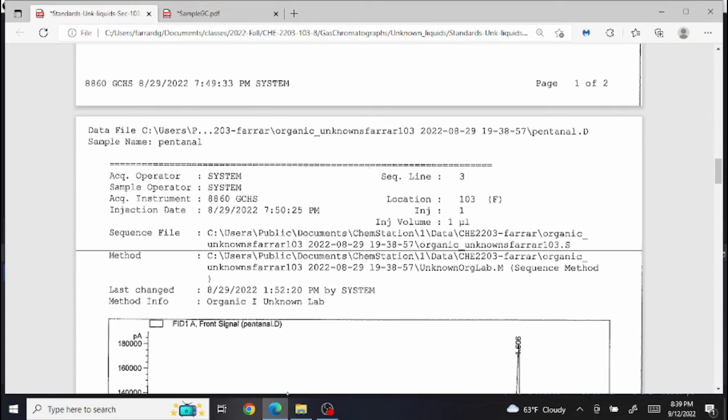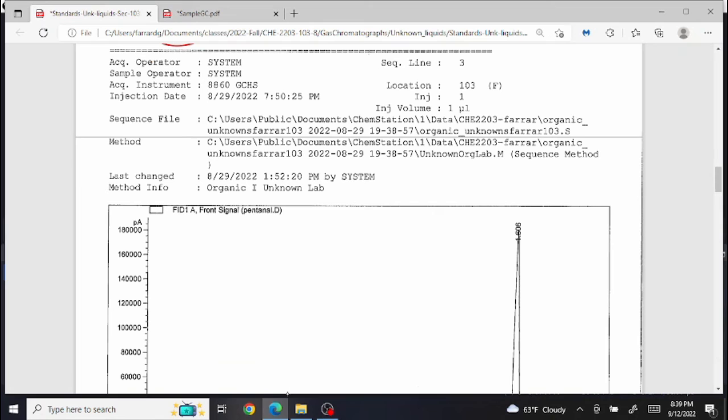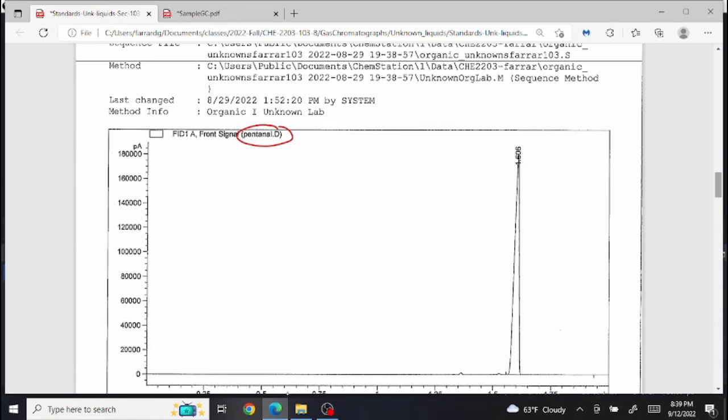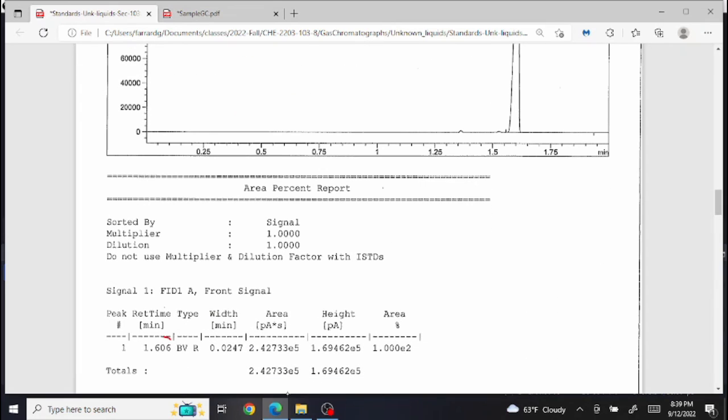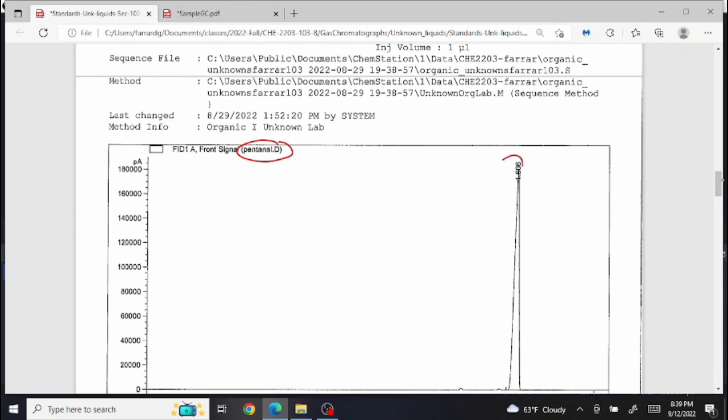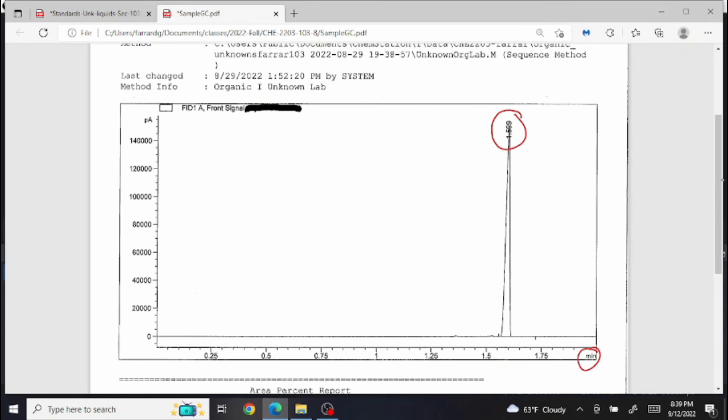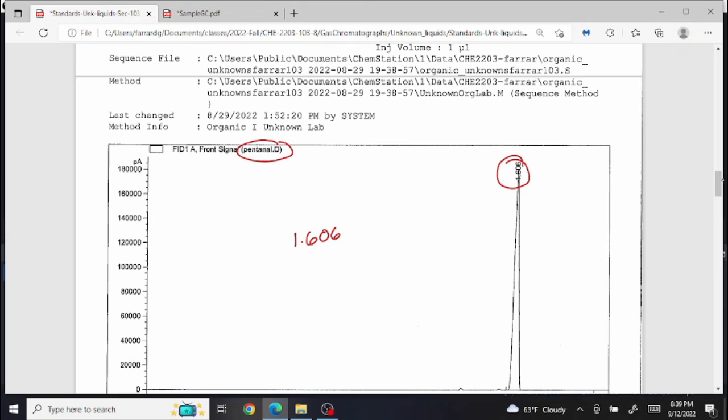Scroll to the next one, the pentanal, and again it's also on the chromatogram itself. Here we have a retention time of 1.606 minutes. 1.606 versus what we had here, 1.599.